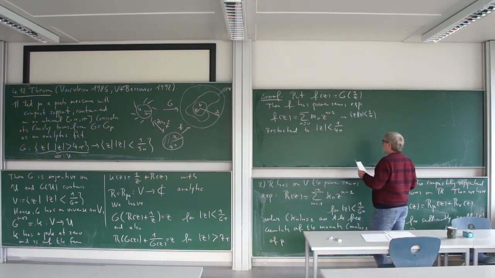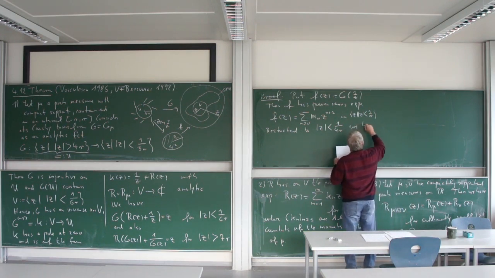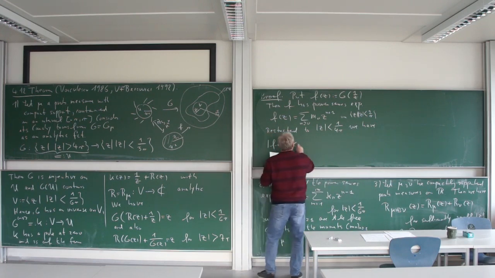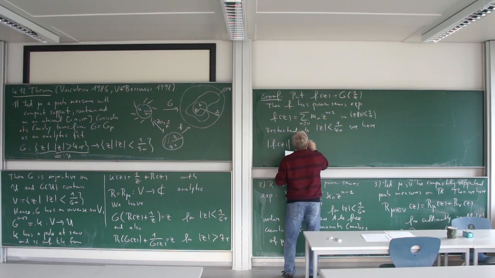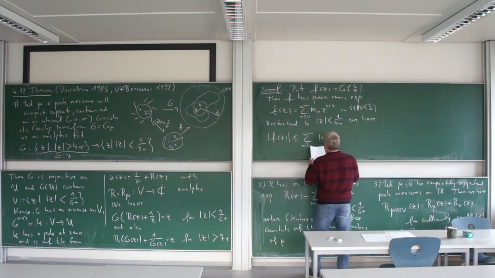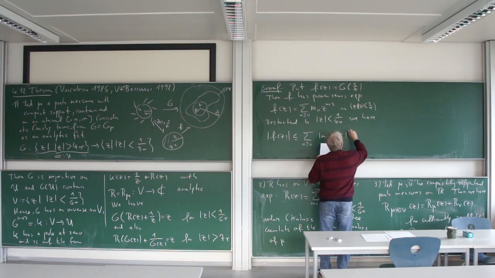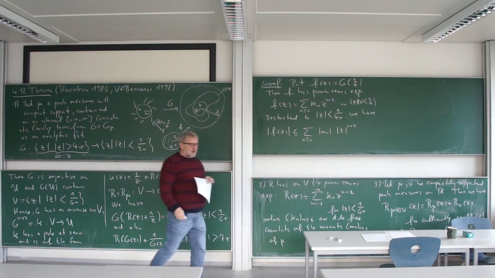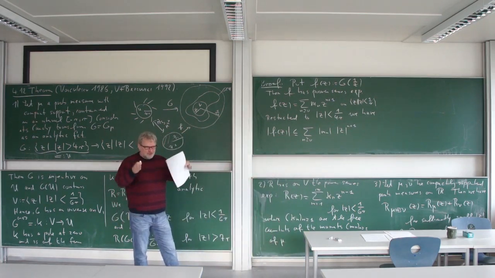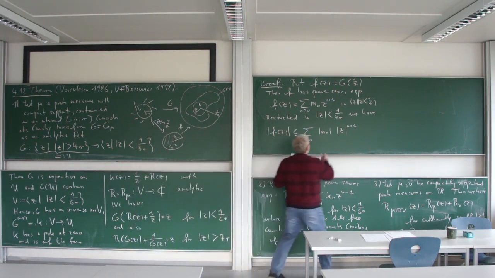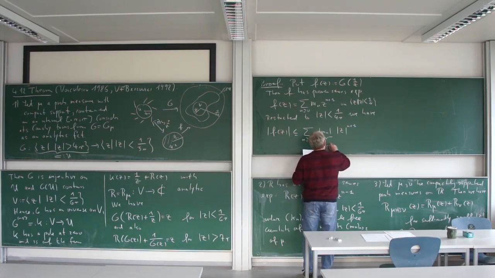Okay, so if I take the absolute value of z less than 1 over 4r, I'm going to estimate the absolute value of f of z. I use just this power series expansion. So this is less or equal to the sum over n equals 0 of the absolute value of the nth moment times the absolute value of z to the power n plus 1. And of course we know that if the support is within radius r, the moments are bounded by r to the n.